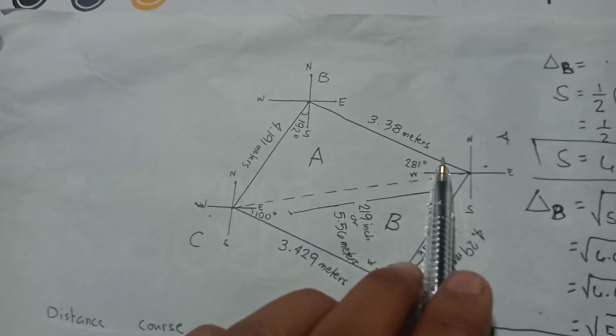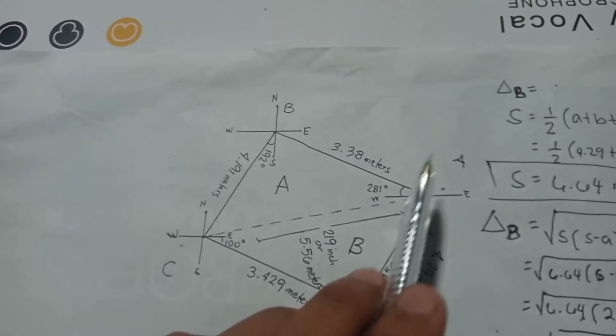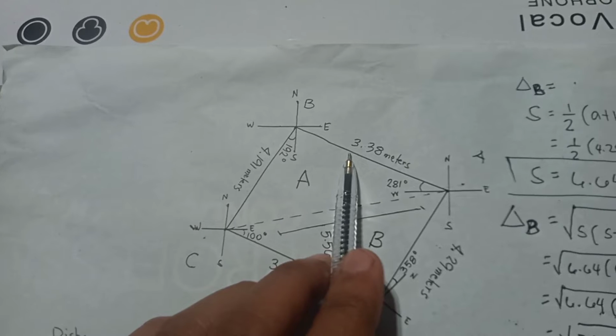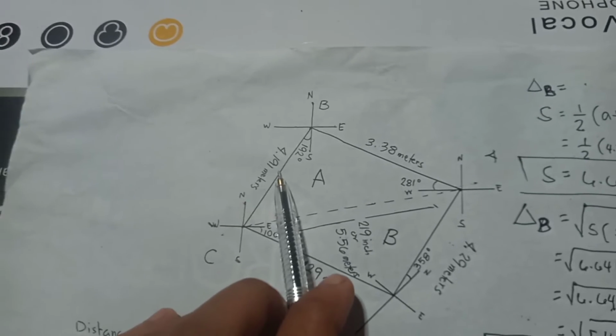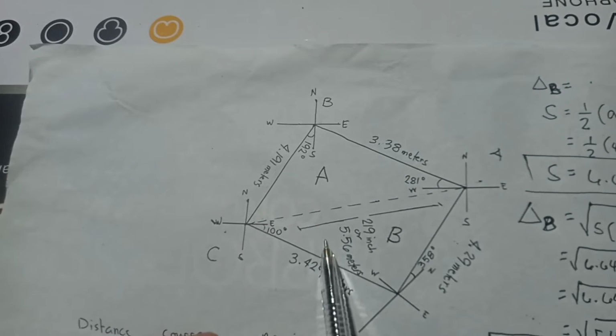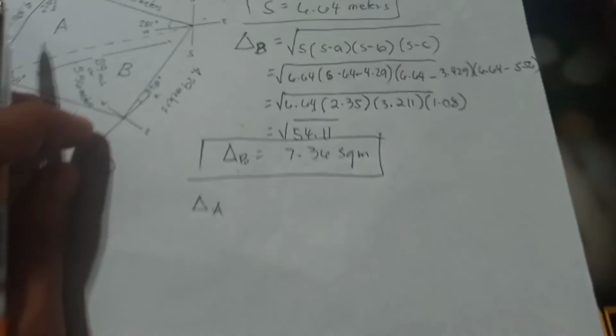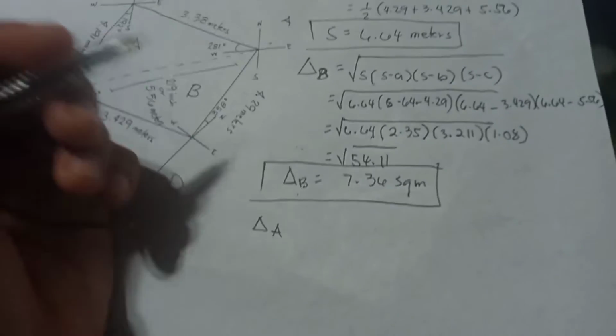So after getting the value of triangle B, we will now get the value of triangle A, which has side A as 3.38 meters, side B as 4.191, and side C as 5.56.